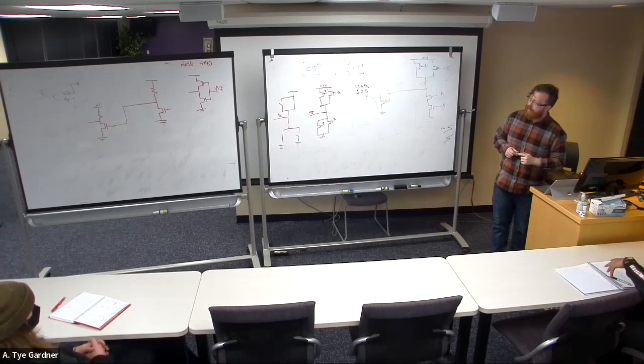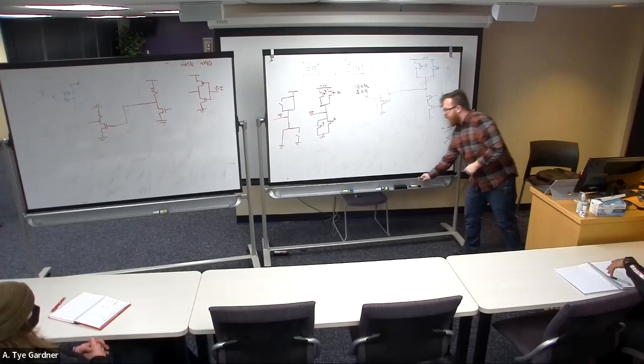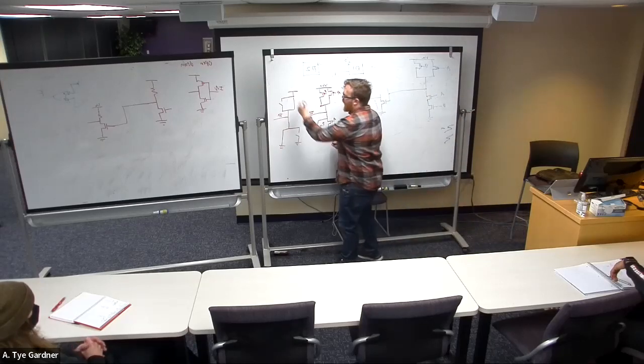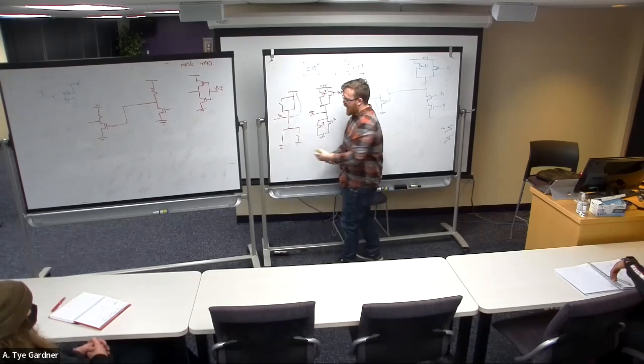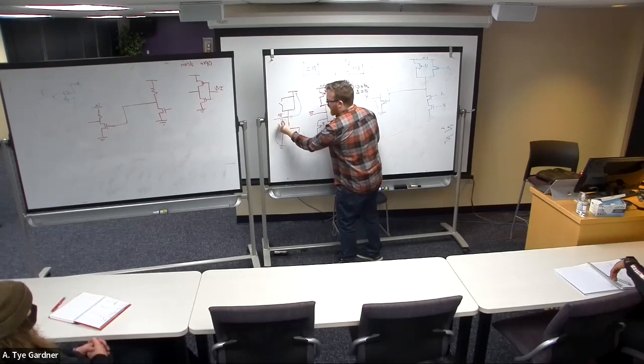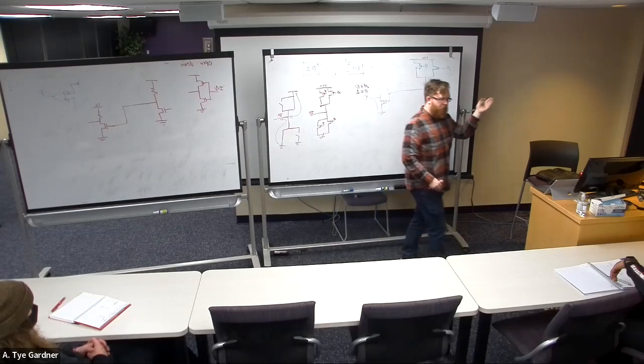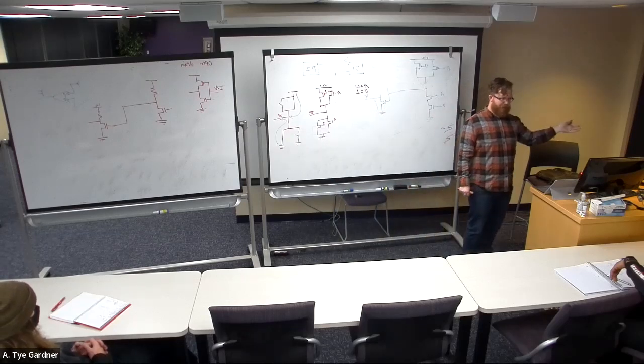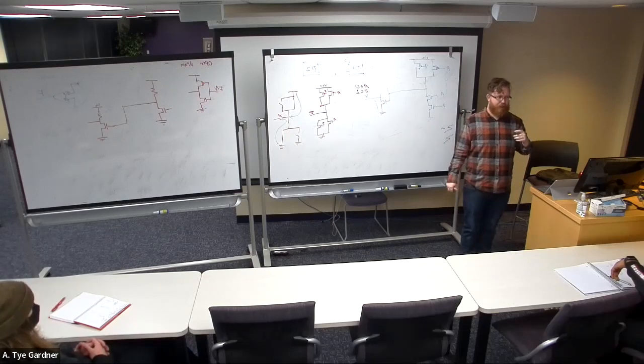It would like to be 0, but it would also like to be 1, because I have a path from power to Z here, and I have a path from ground to Z here. So Z is now both 0 and 1. Oh, this is a bad circuit because I can accidentally light this thing on fire and break it.